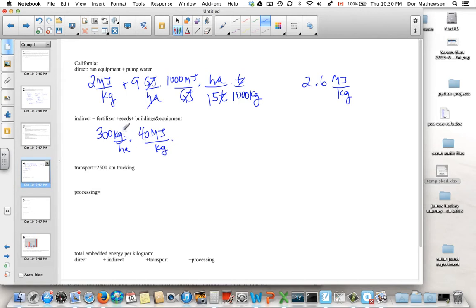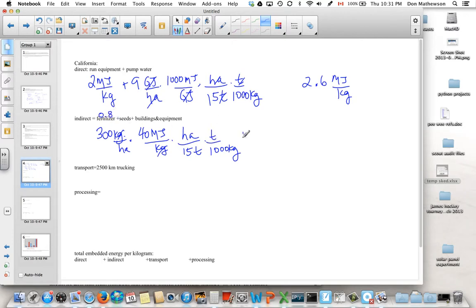So now we've got the megajoules of energy per hectare, and we want to convert that to megajoules again per kilogram. So we will use the same two ratios here. Here's the yield. A hectare gives us 15 tons, and of course a ton is 1,000 kilograms. So that will give us the energy embedded in the fertilizer. And that works out to be, if you work out the numbers, 0.8 megajoules per kilogram.